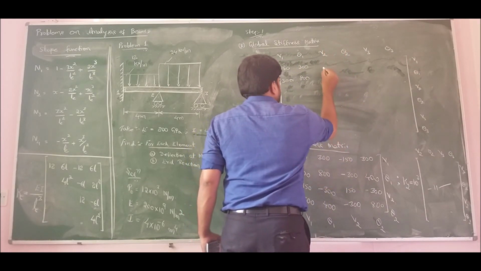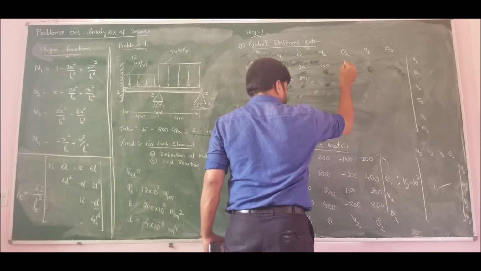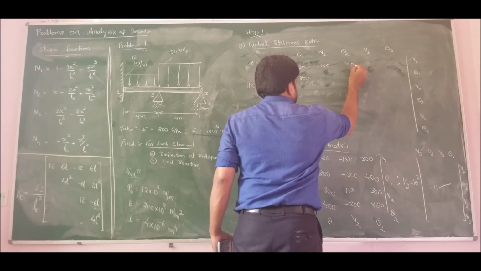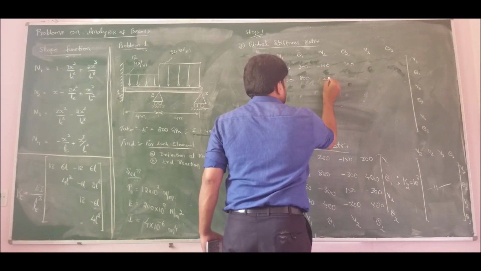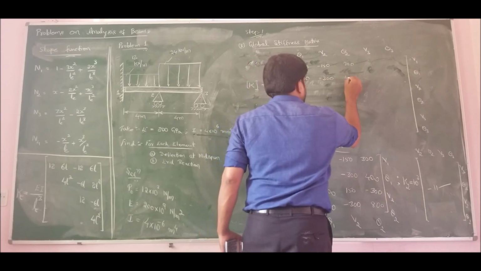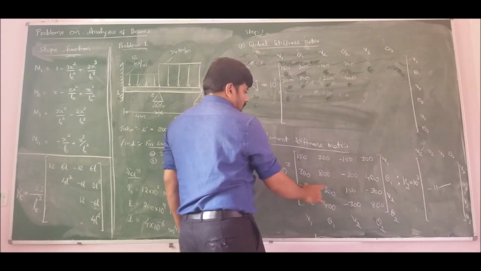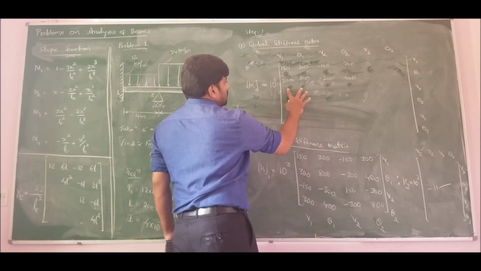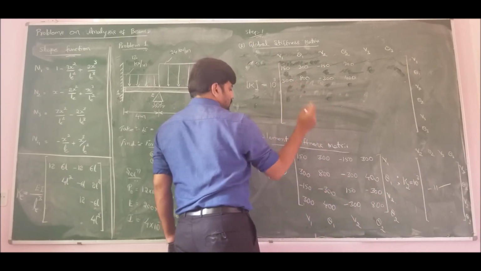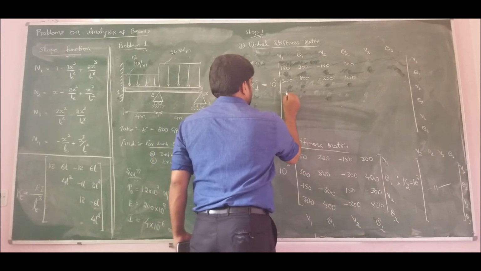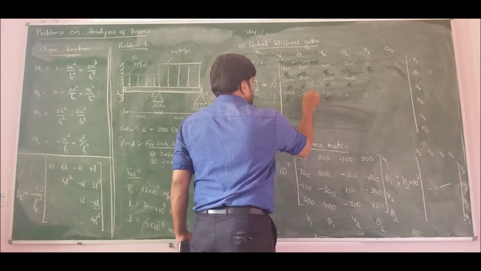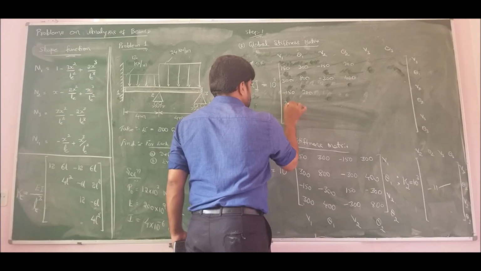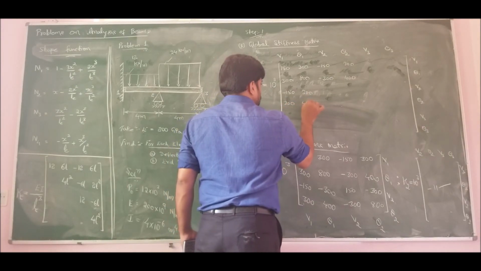So therefore I will get minus 150, 300, minus 300 and 400. The order of these 4 is v1 theta 1 cross v2 theta 2, so these 4 will fit here. Then I will get minus 150, 300, 300 and 400.